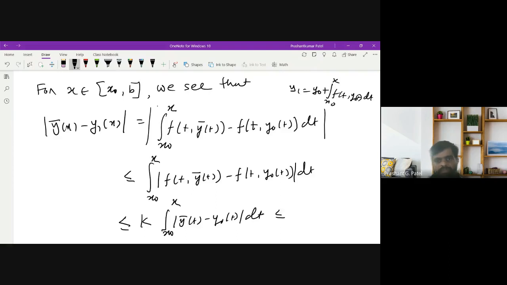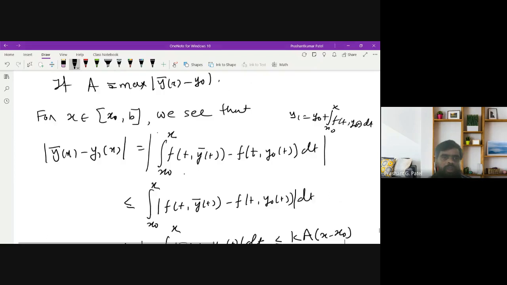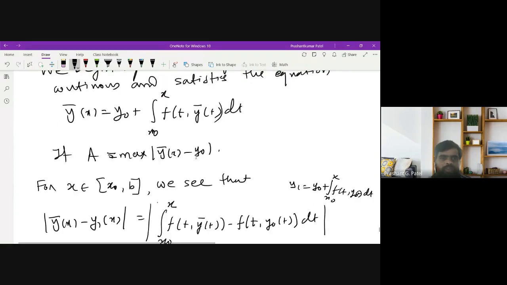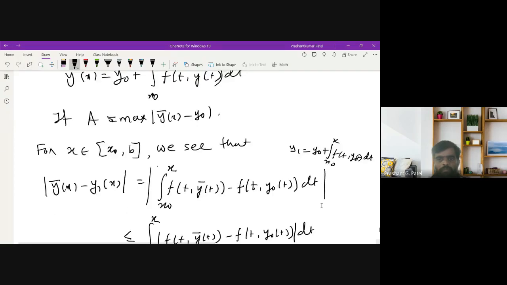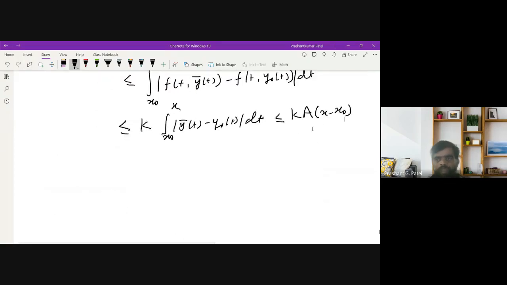So that is less than or equal to k times a into x minus x0, because mod of y bar minus y0, as per the argument we have taken, is at most the maximum of y bar minus y0.